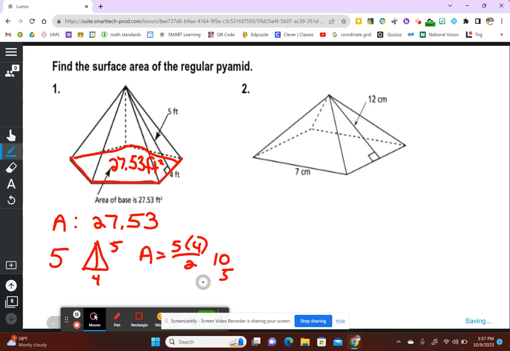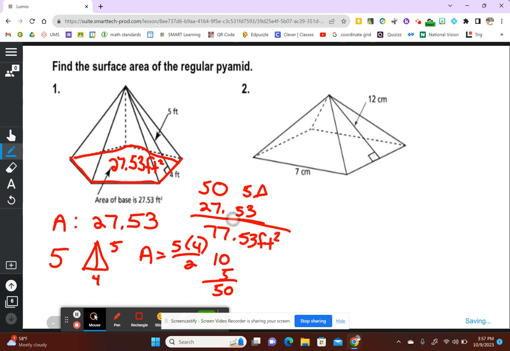But there's 5 of them, so that's 50. So I add 50 plus 27.53. So the 50 is my 5 triangles. The 27.53 is my base. I get 77.53 feet squared, and that's the surface area of my pentagonal pyramid.